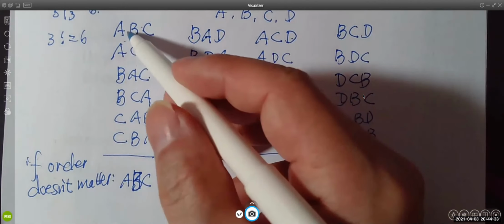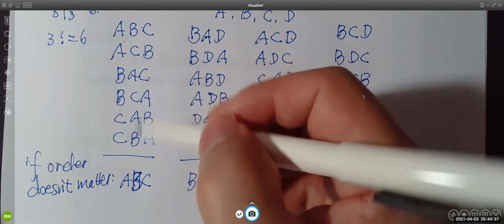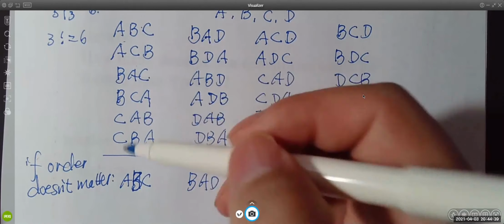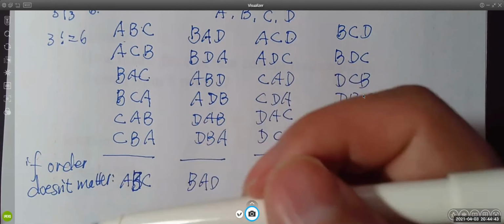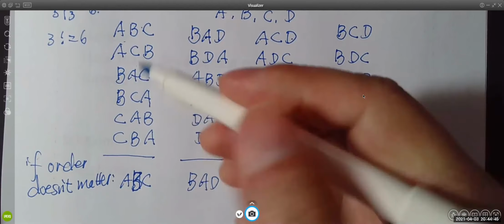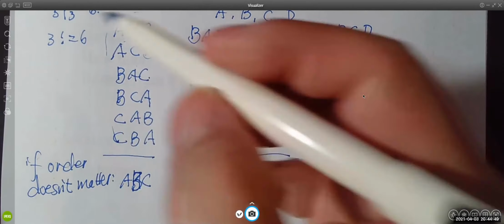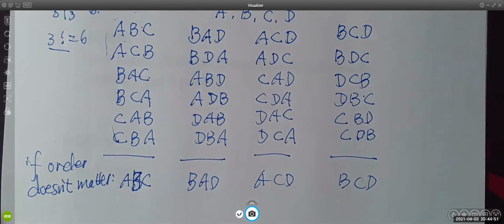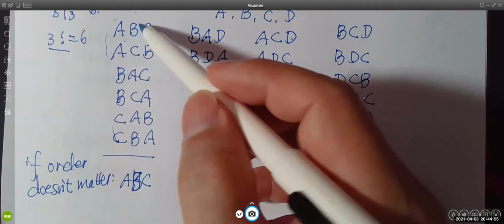Just divide whatever is in this column by itself. If there's 6, divide by 6. If there's 24, divide by 24. If 50, divide by 50. Any number divided by itself is 1. So in other words, we just divide by how many are in here, which is given by factorial. If we select 3 letters, 3 factorial. If we select 4 letters, 4 factorial.